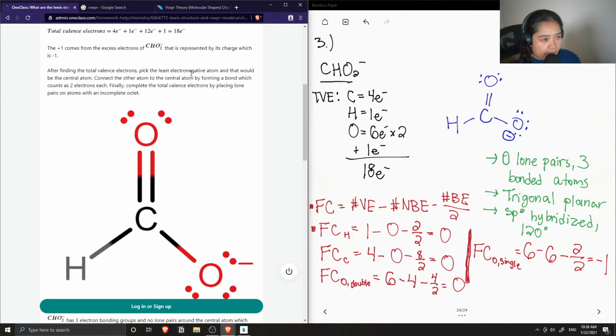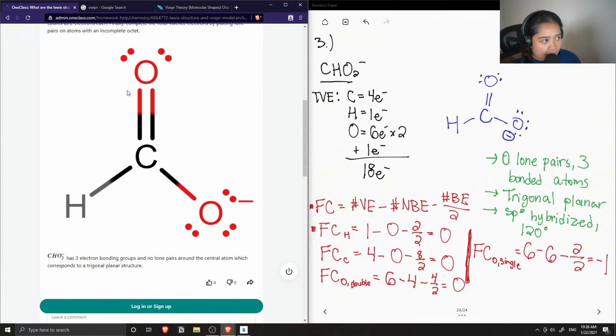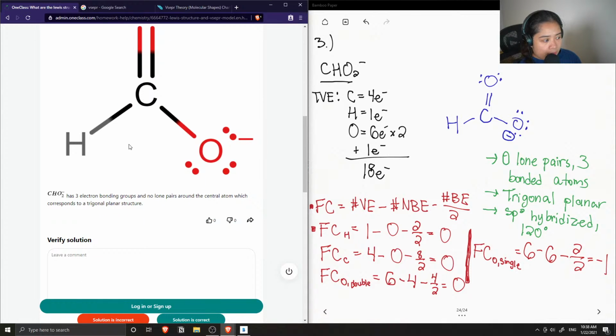So that would be hydrogen, but since hydrogen can only form 1 bond, then carbon would make sense to being the central atom. And then you complete the total valence electrons by placing lone pairs on atoms with an incomplete octet. So CHO2- has 3 electron bonding groups and no lone pairs around the central atom, which corresponds to a trigonal planar structure. Yep, so this solution is correct.